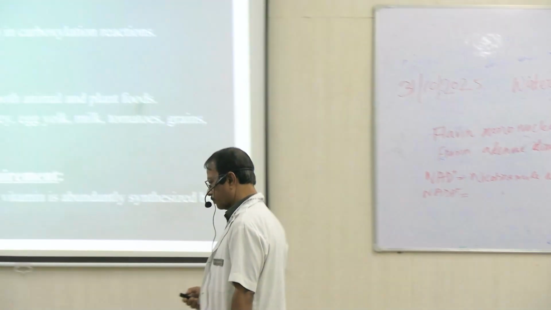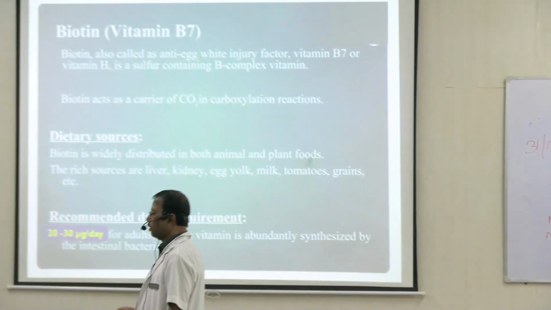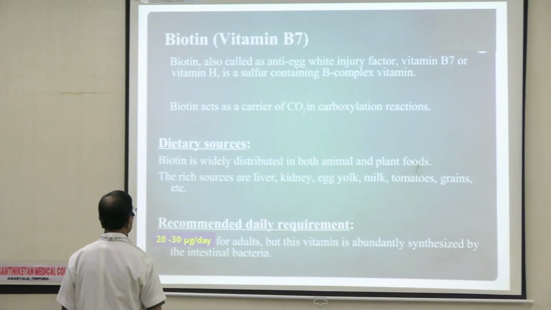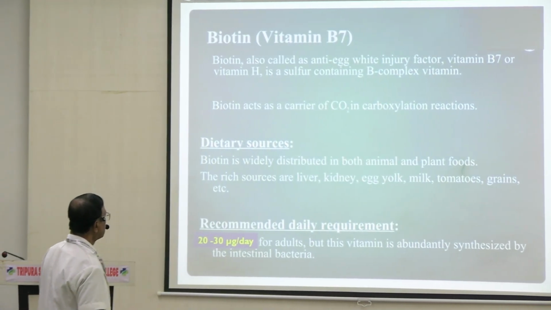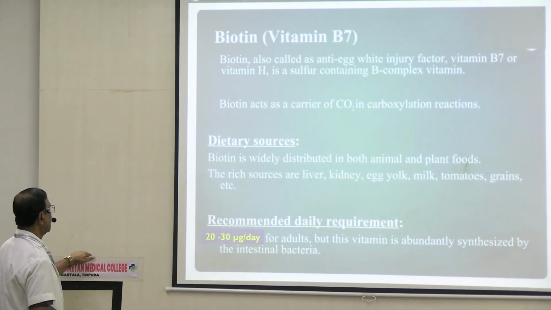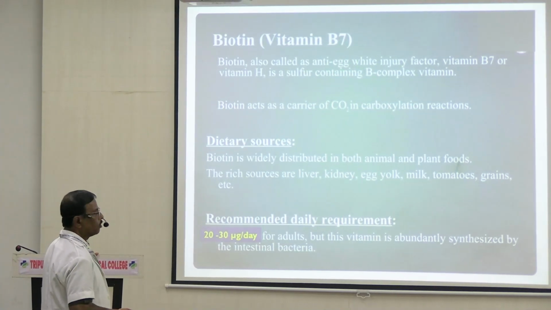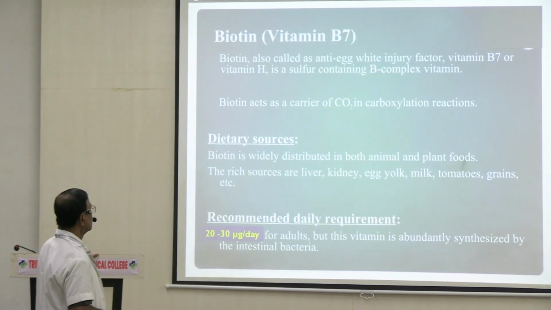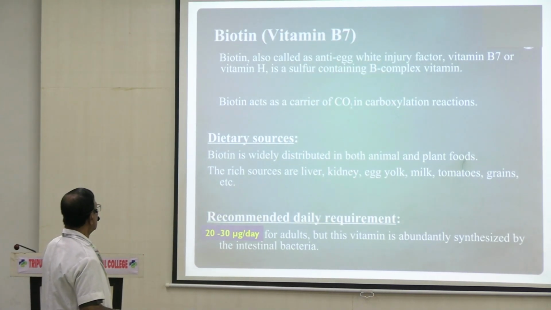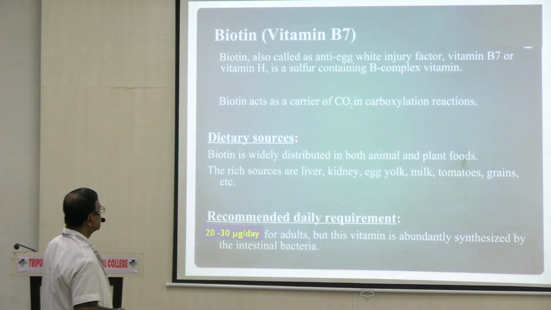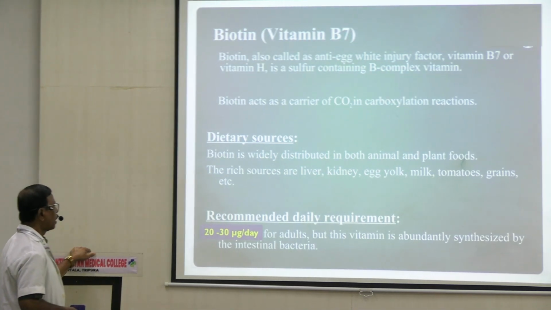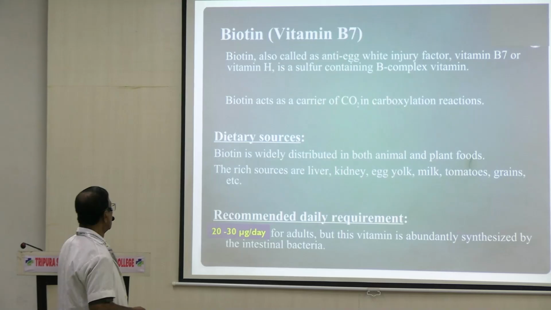Biotin, also called anti-egg white injury factor, vitamin B7 or vitamin H. It is a sulfur containing vitamin B complex. Biotin acts as a carrier of carbon dioxide in carboxylation reactions.